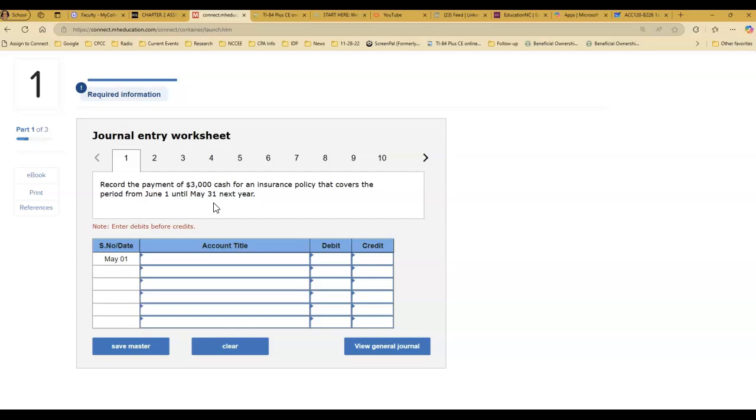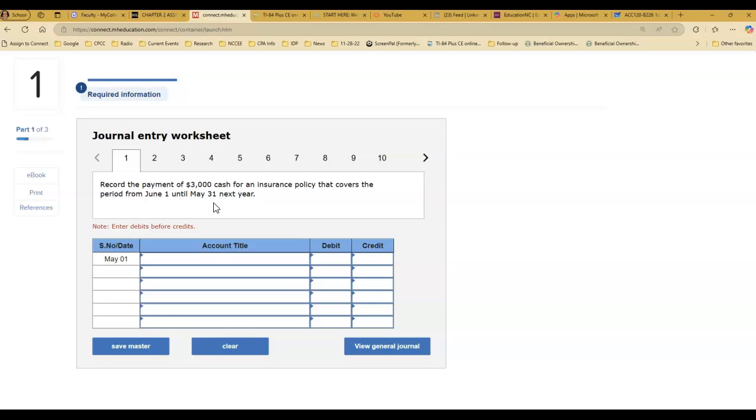Most of the time, let's think car insurance, you pay that premium 6 months in advance, and then over the next 6 months you use it up, and then you make another payment, and start using up that insurance over the next 6 months, because the insurance company has provided you with access to insurance coverage. With me?